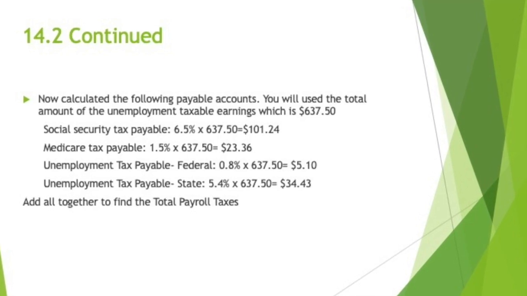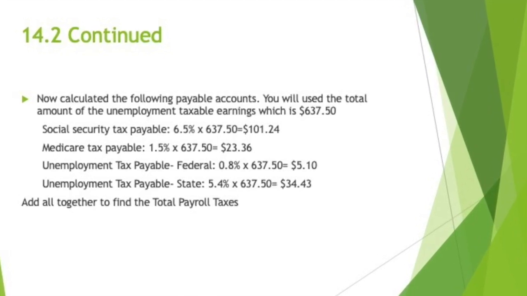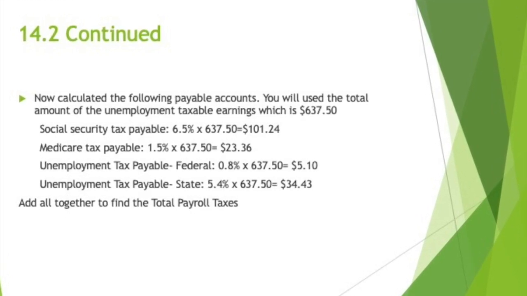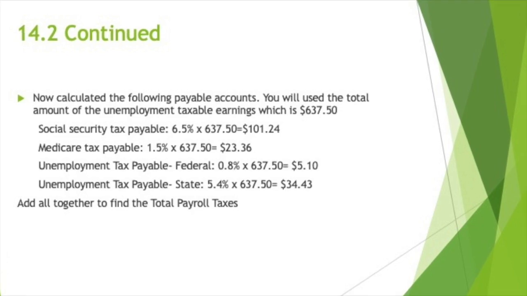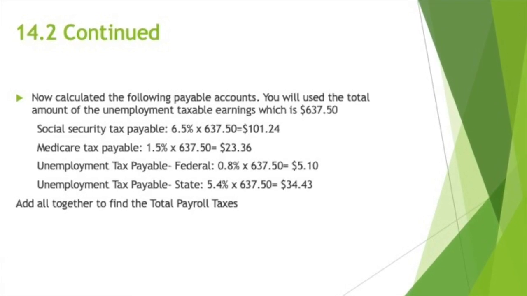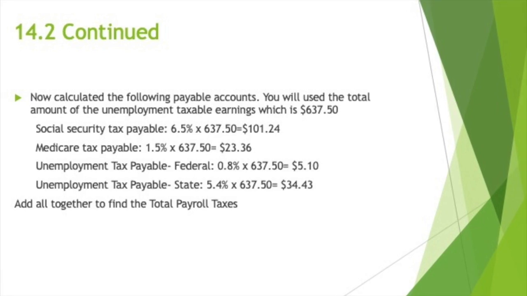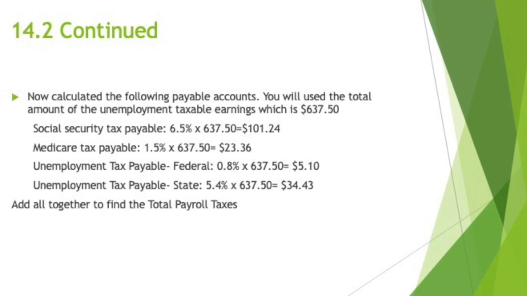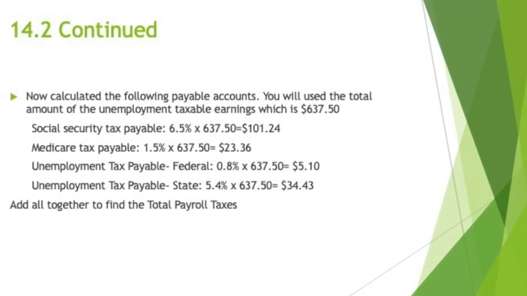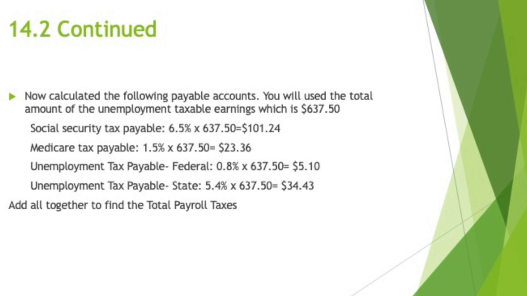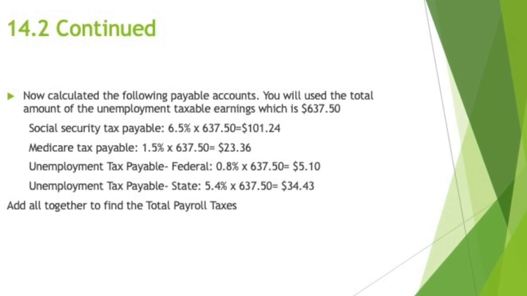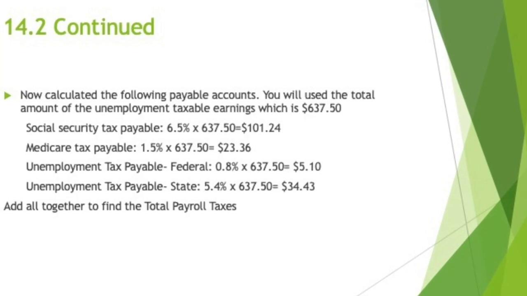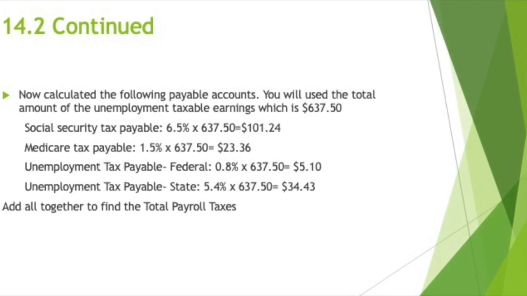So you'll do your Social Security tax payable of 6.5% times the $637.50, which gets you $101.24. You do Medicare at 1.5%, and you get a total of $23.36. Your unemployment federal is that 0.8%. And then your unemployment tax payable state is the 5.4%.